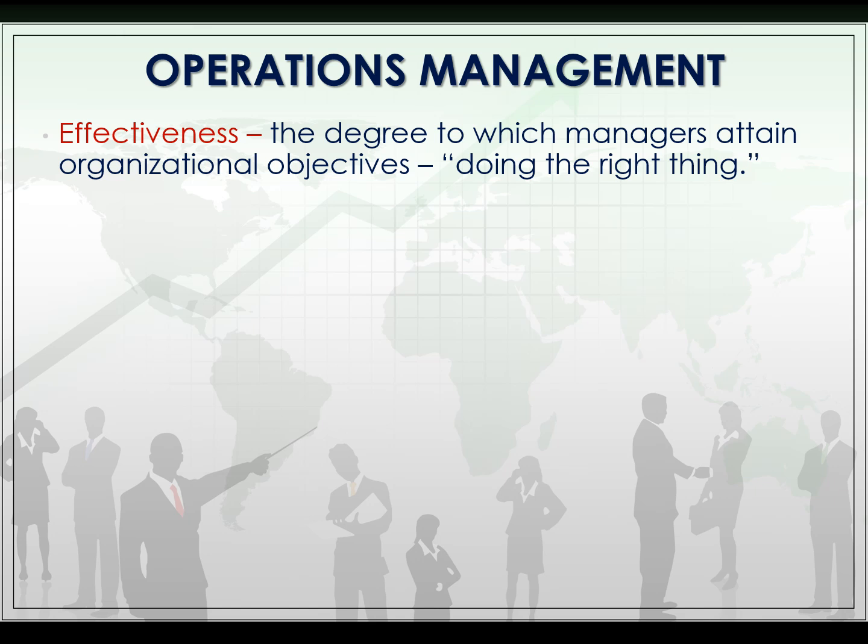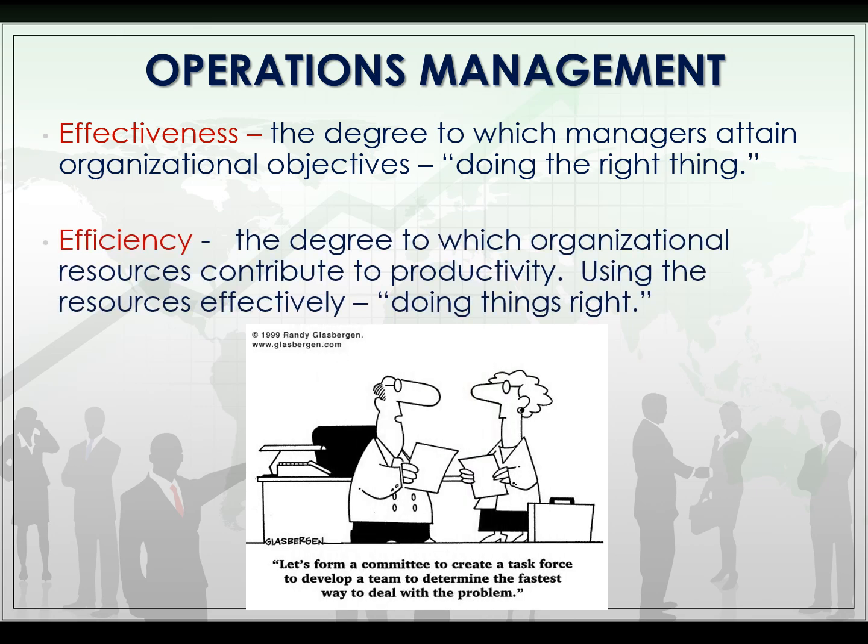Effectiveness, of course, is the degree to which managers attain the organizational objectives by doing the right thing. Efficiency is the degree to which organizational resources are used to contribute to productivity by using the resources effectively, or doing things right.